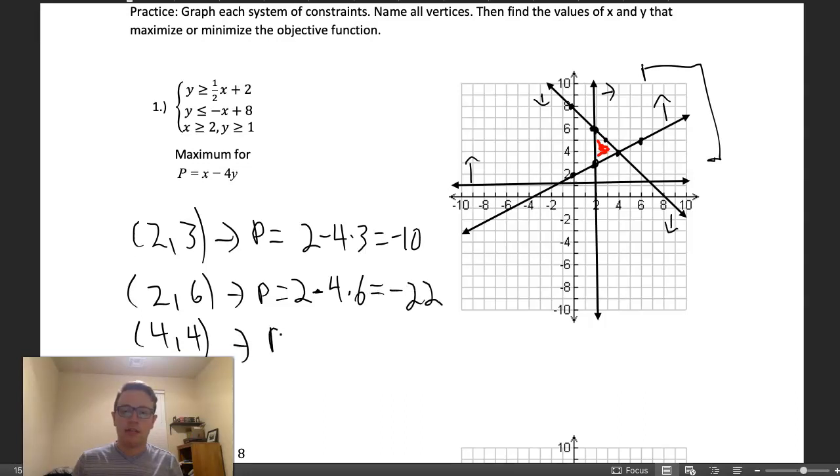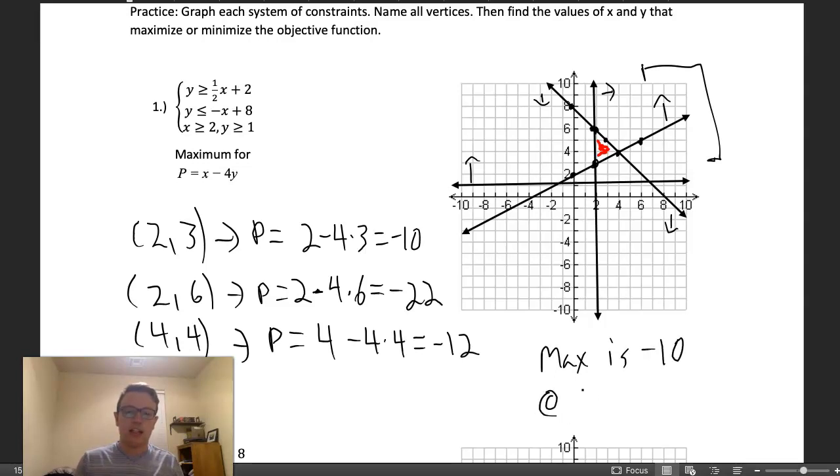And for (4, 4), p will be equal to 4 minus 4 times 4, or 4 minus 16, so that'll be minus 12. Looks like our largest value, even though it's negative, is minus 10. So our maximum is minus 10, and that is at the point (2, 3).